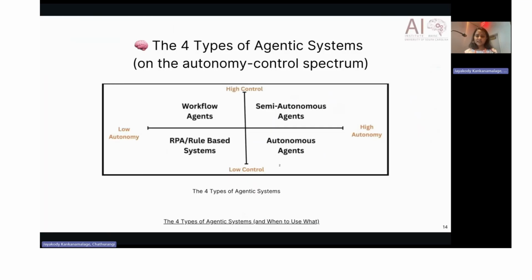They act with high independence, but with minimal oversight. They are ideal in dynamic and unpredictable settings. And in the top right, we find semi-autonomous agents. These agents can balance autonomy with oversight, which makes them ideal for human-in-the-loop environments like industrial copilots.